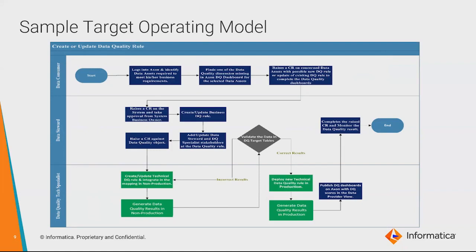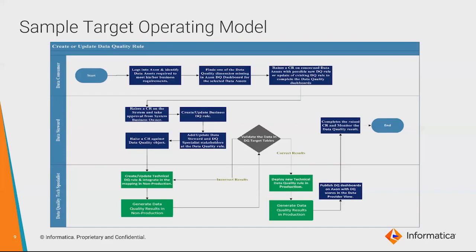Based on that data quality object in Axon, the DQ tech specialist will know the details around it, like the requirement, on which system, and what data set and attribute it needs to be applied on. Based on that, the DQ tech specialist will create a new DQ rule, updating our existing solution.